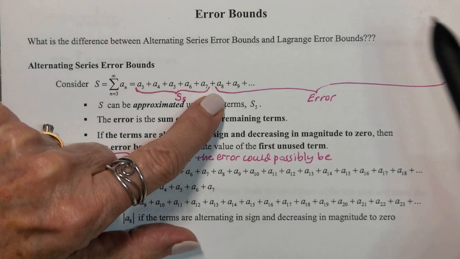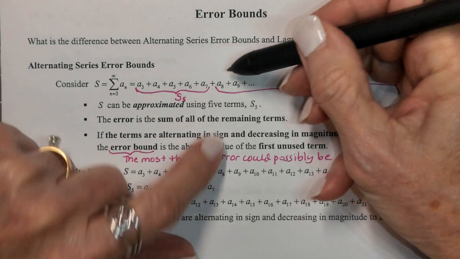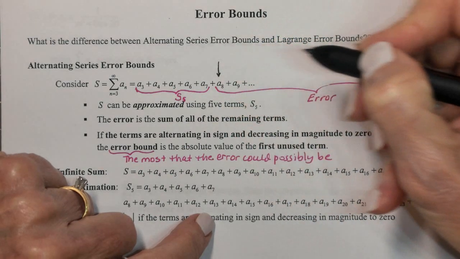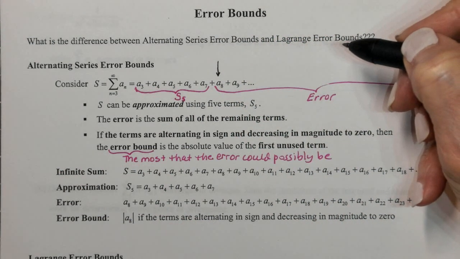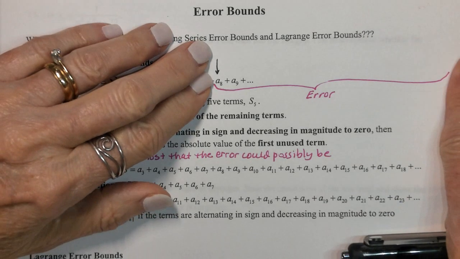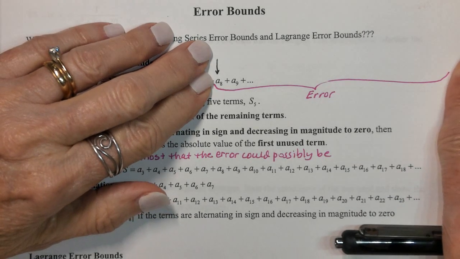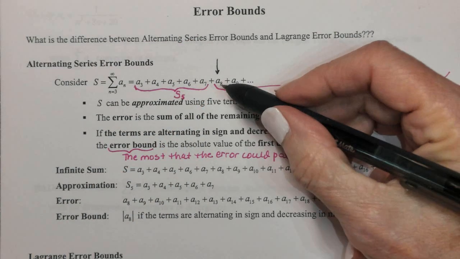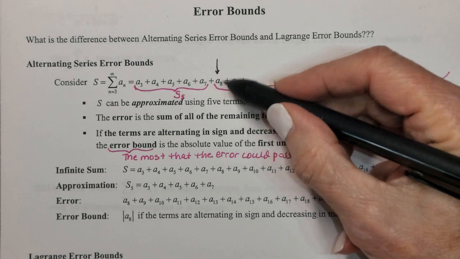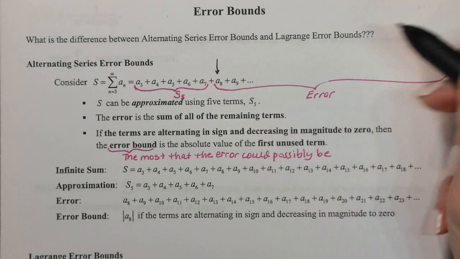The error bound involves only the first missing term. So error is everything. For the error bound, think of something having to do with the first term of the error.